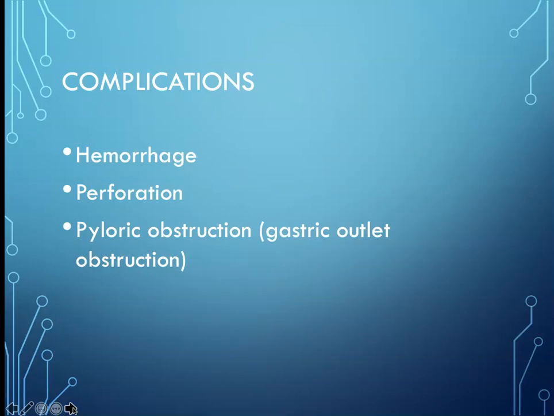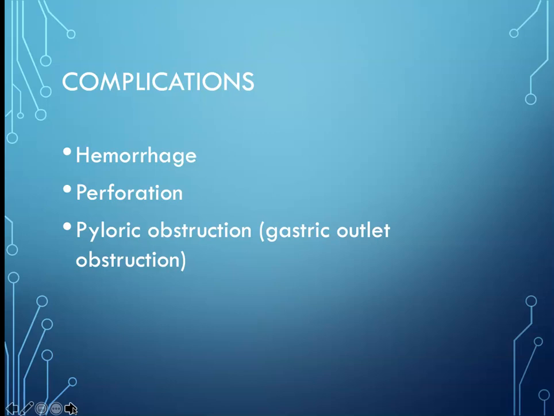Some of the complications of PUD include hemorrhage, perforation, and pyloric obstruction, basically gastric outlet obstruction. So with the hemorrhage, whenever a patient comes in with a GI bleed, they undergo an EGD to locate whatever area is bleeding.